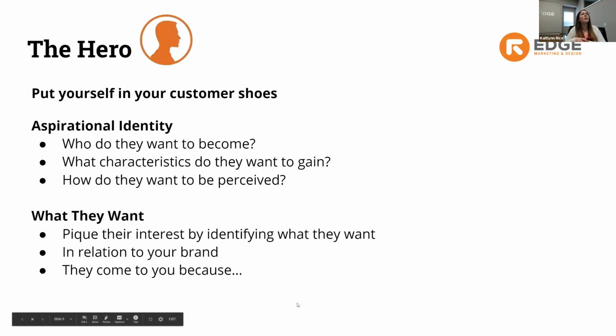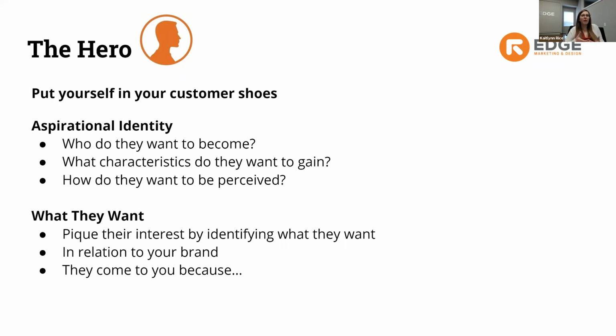So with this, for the hero, we want to dig into who your customer is. You want to create a persona, or an overarching general group of who your customers are. You want to feel out who they want to become based on the product or service your company provides, and what characteristics they want to gain.